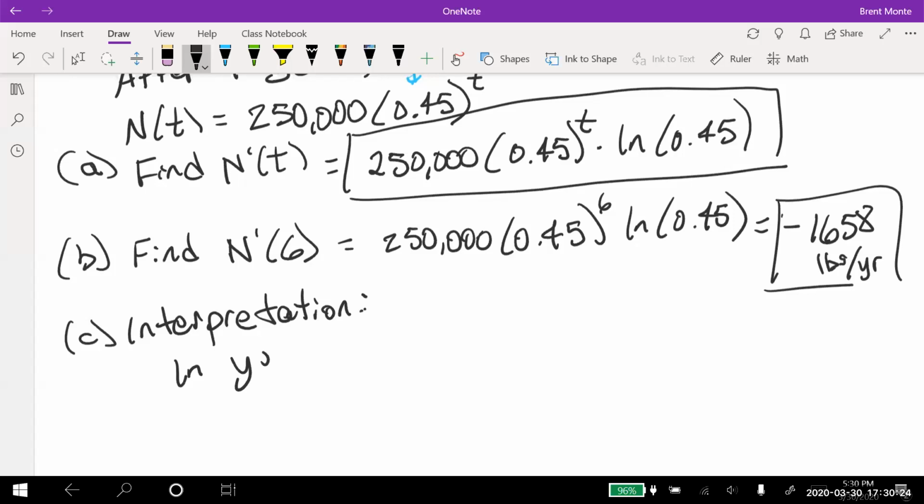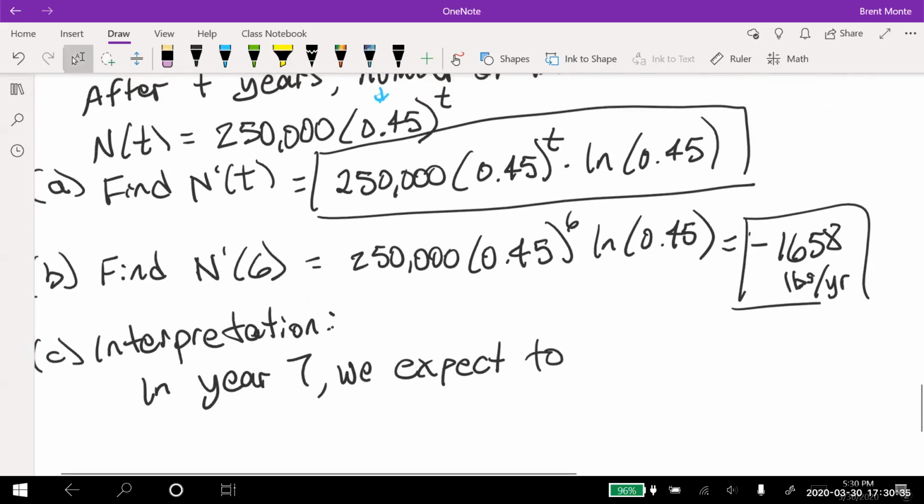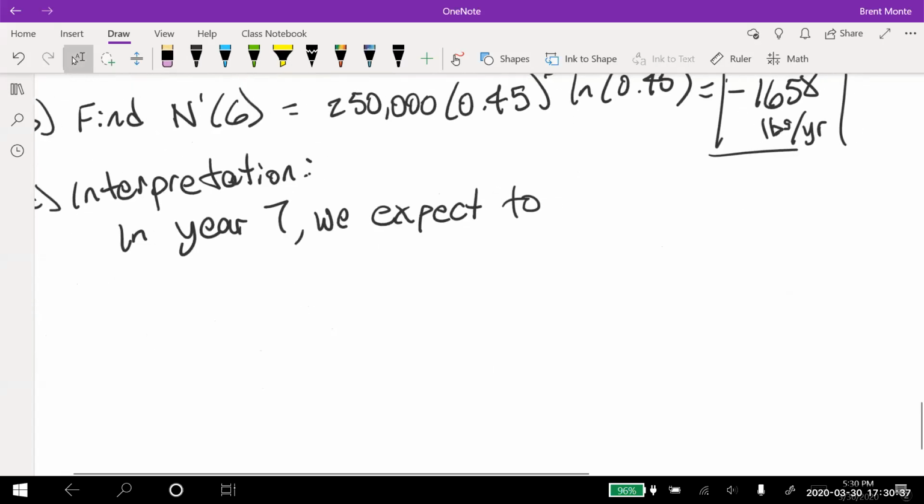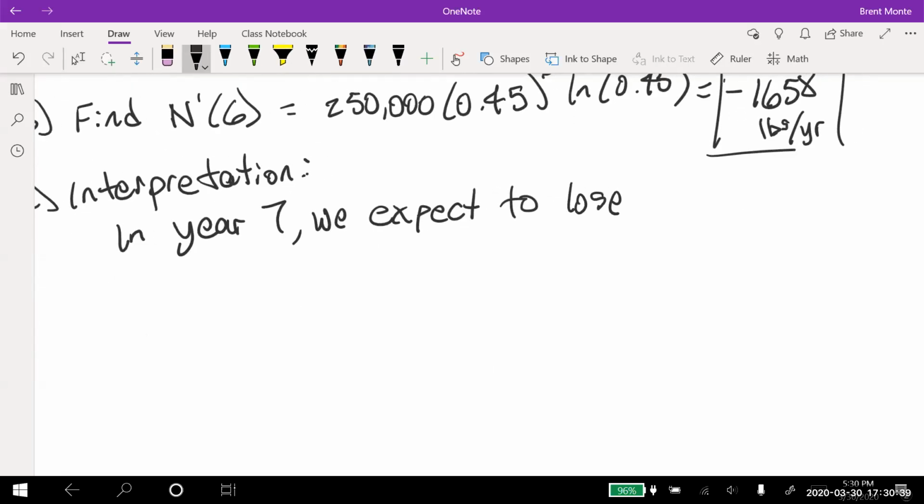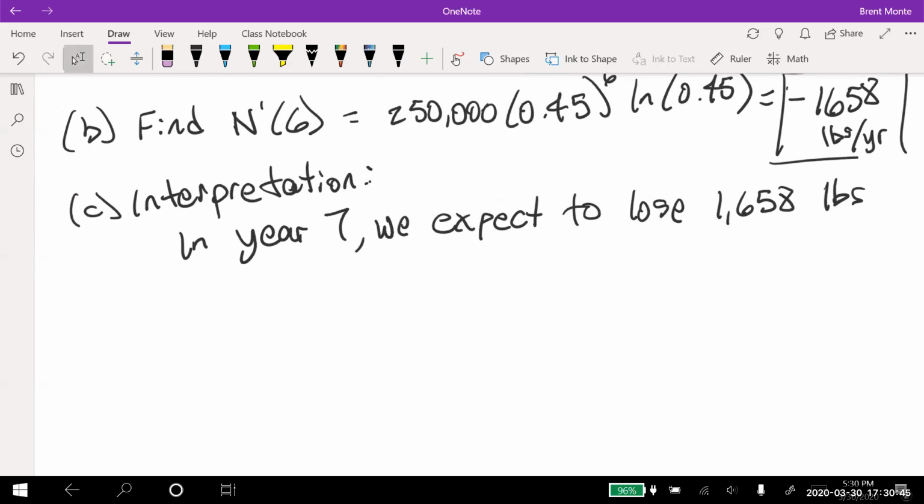In year 7, we expect to lose, because it's negative, we expect to lose 1,658 pounds of aluminum from circulation.